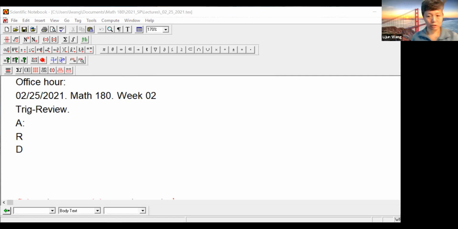It's not the best picture. Can you read it? Could you guys read that picture?